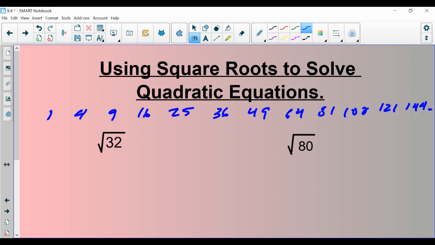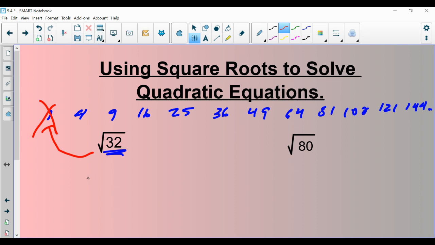Like I said, it goes on forever. So what we're saying by it cannot have any perfect square factors is that the number right here cannot have any of these numbers as a factor. You can disregard one, but none of these other numbers should be factors of the number underneath here.